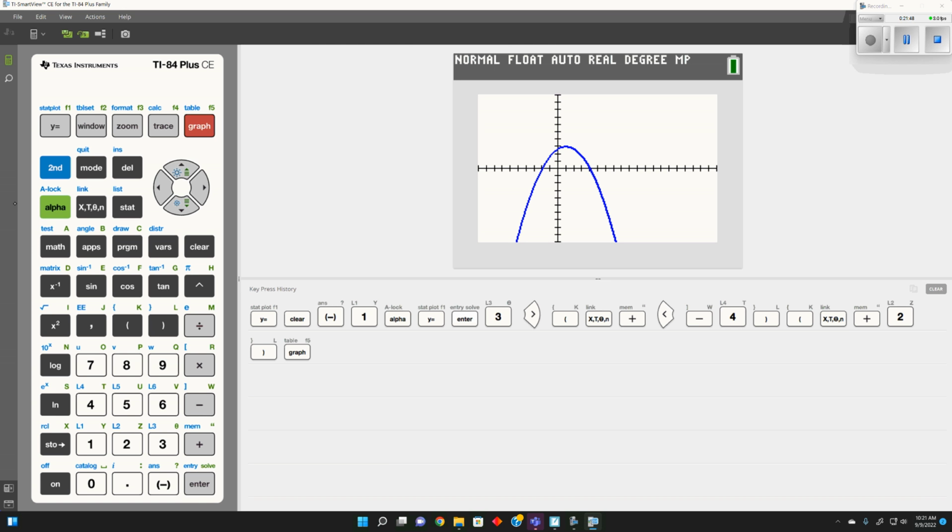Let me write. This here is a table because we're creating a table of values. So this here, since it's in blue, any button on this that's in blue, we hit second to use it.